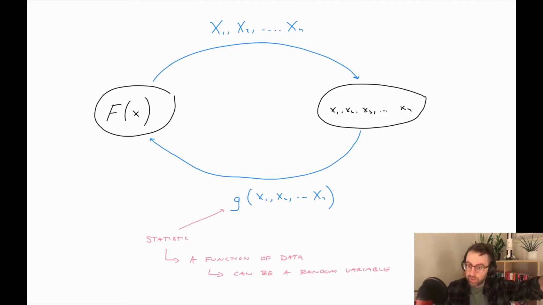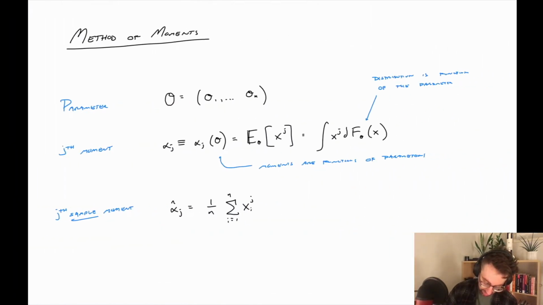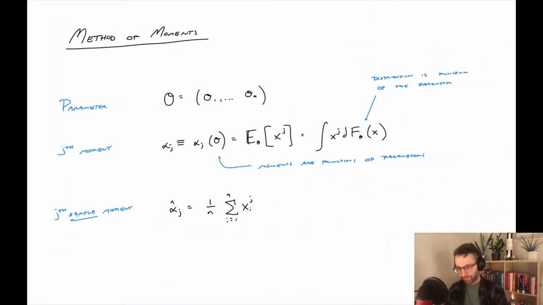So moments are on the left-hand side. Oh, is my camera reversed? This is maybe confusing. But anyway, moments are here. Sample moments are here, right? So that's what we have here.